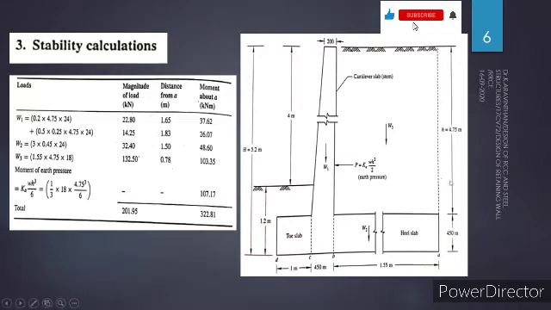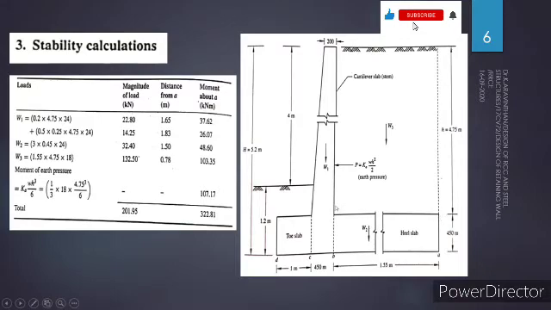And next thing is the base component. The total width is 3 meter and the centroid will be acting at 1.5. So the base slab distance from the point A is 1.5. And the third component W3, the distance from A is, so A is here.